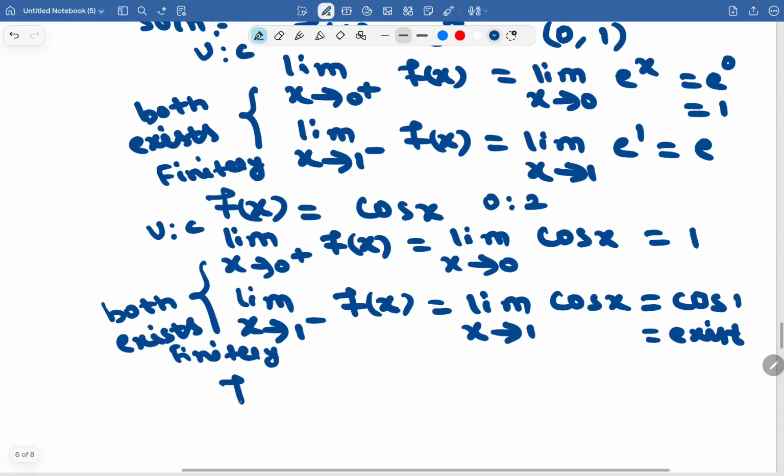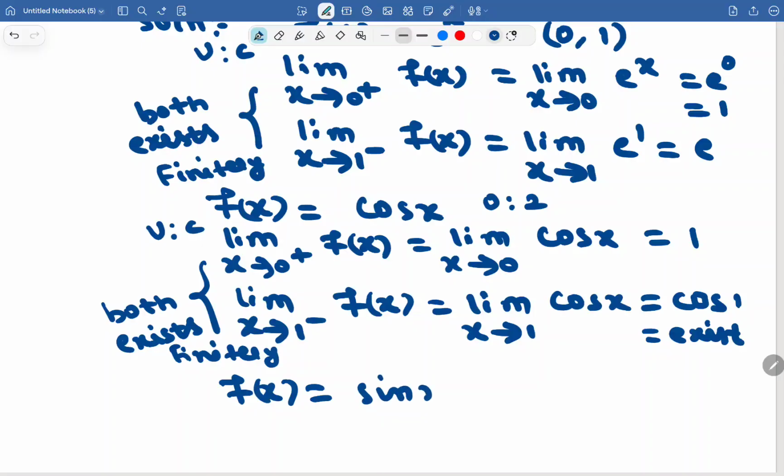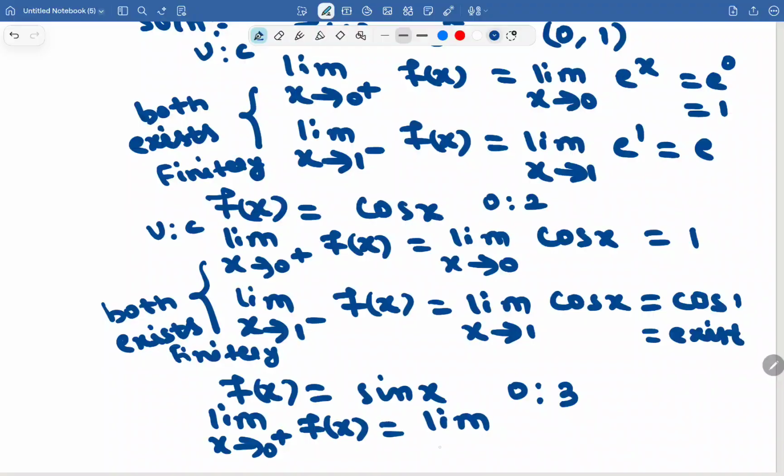Now option 3, what is f(x)? Sin x. This is option 3. In the same manner, find the limit as x tends to 0 plus of f(x), the limit as x tends to 0 of sin x, sin 0, which is equal to 0.